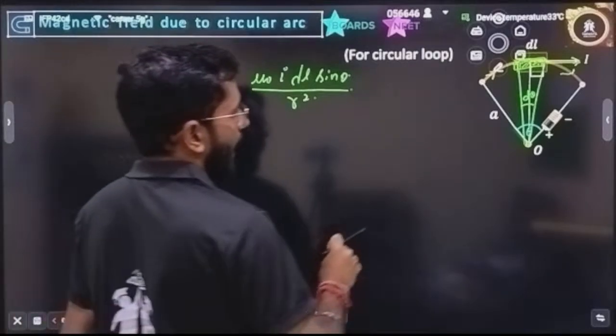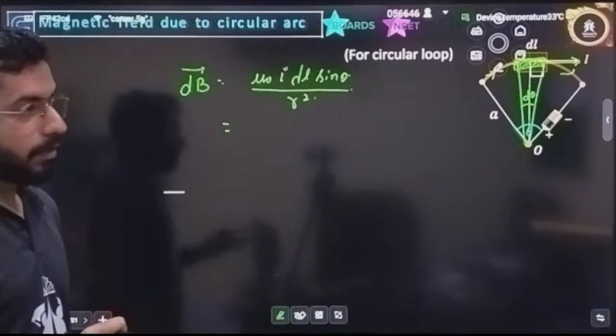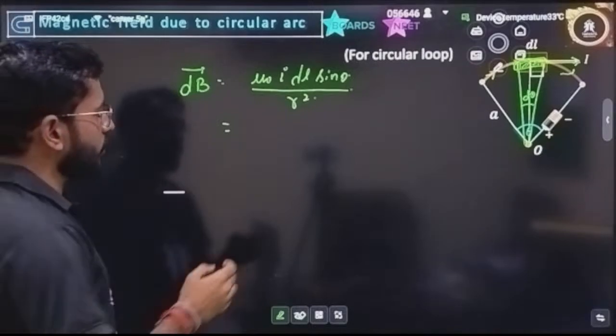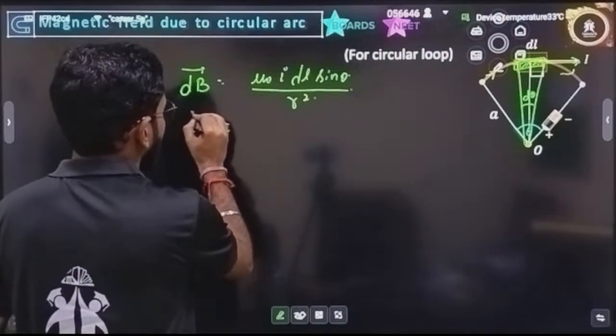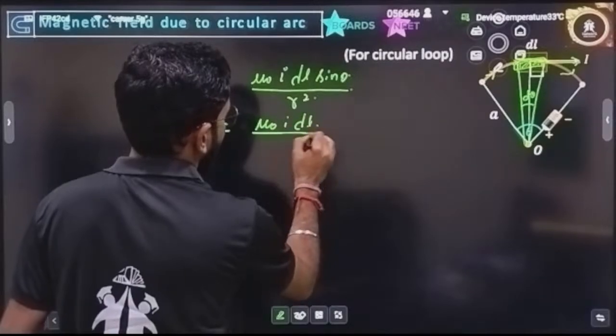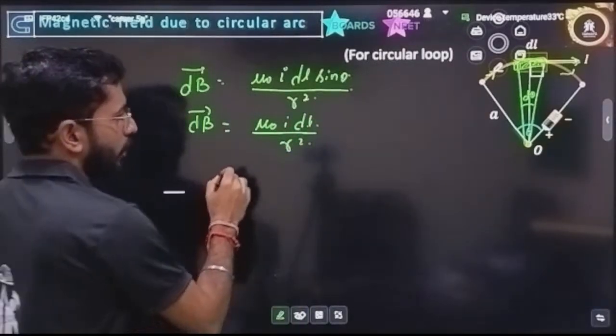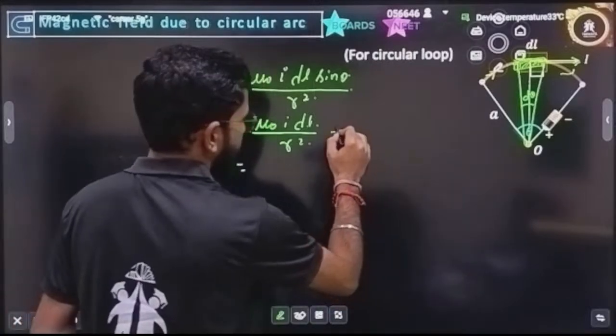I will say that the angle between this dl vector and the current is equal to 90 degrees. That means what will be left then? dB is equal to mu naught I into dl divided by r square. Correct? And this r is given as a.